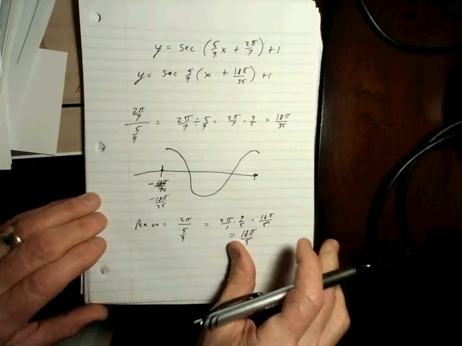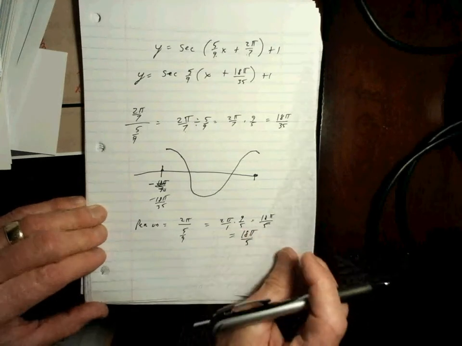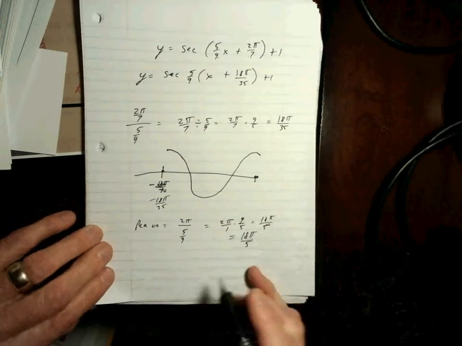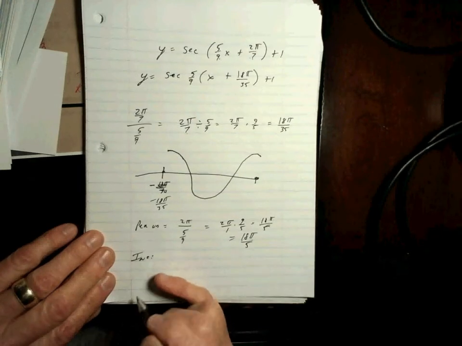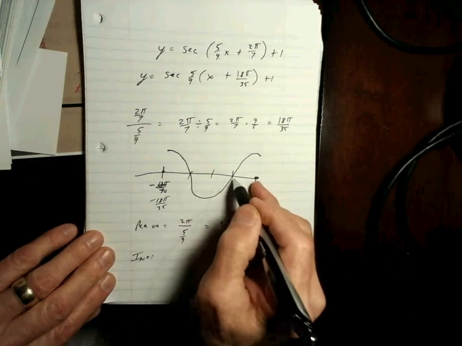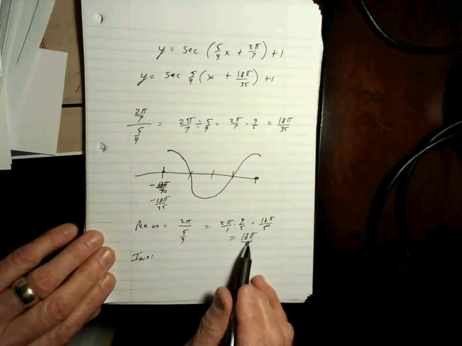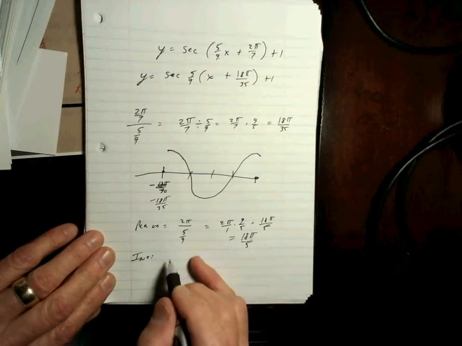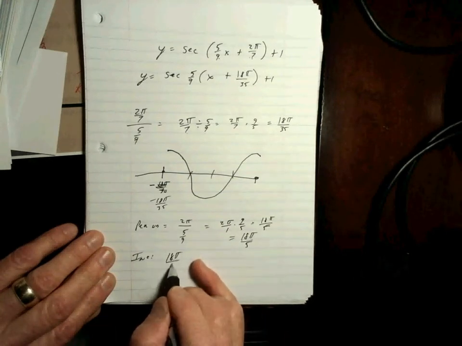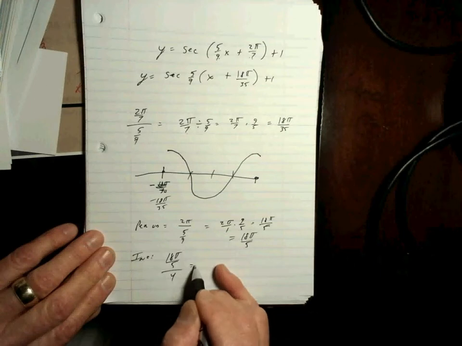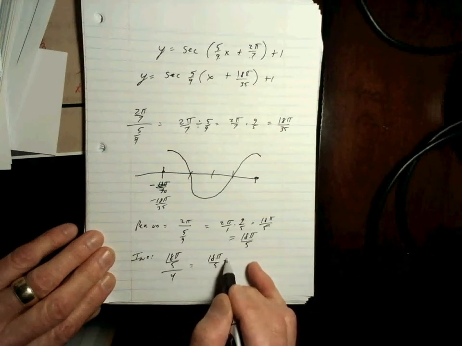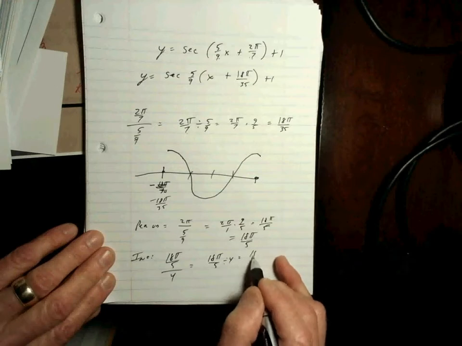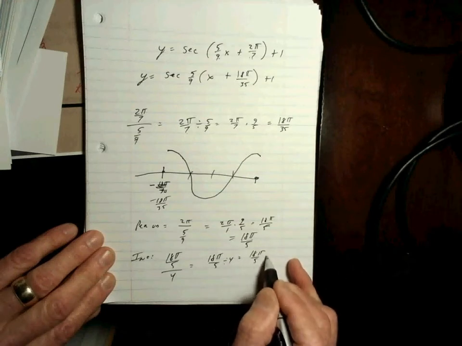So everything we've done here, well before, let me get my increment. My increment for each of the 4 increments will be 18 pi over 5, which is my period, and dividing that by 4, which gives me 18 pi over 5 multiplied by 1/4.